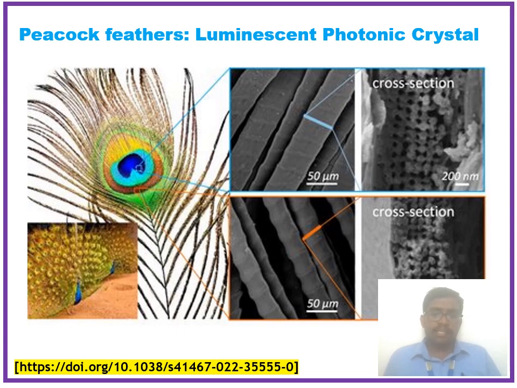Here we can see the scanning electron microscope image of the peacock feather and its cross section. It clearly shows the hierarchical structure at the nanoscale. Most scientists want to copy this nanostructure to create bright as well as amazing sensor devices as well as screens.